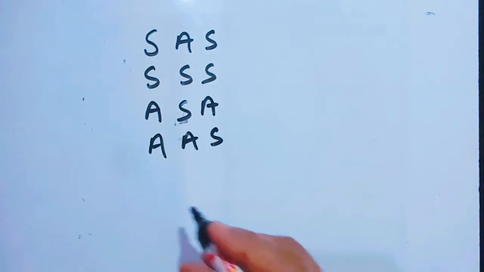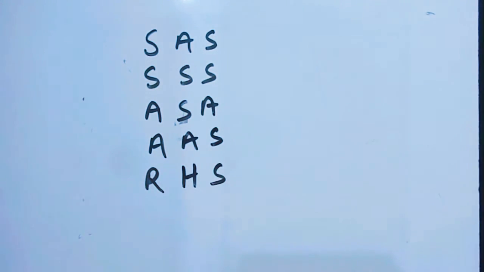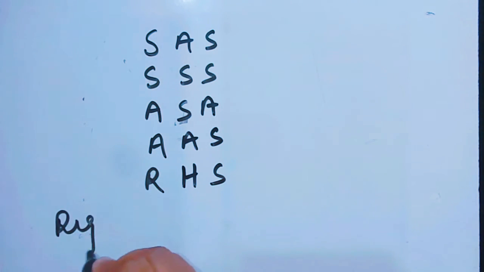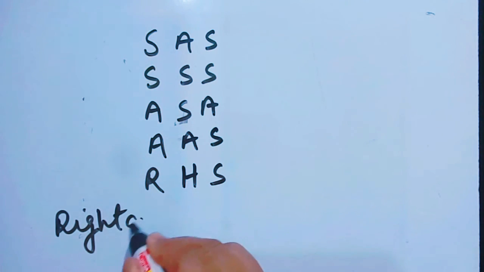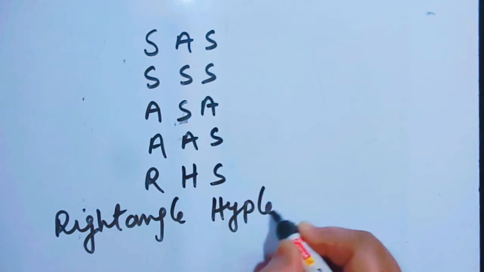Now we will be studying RHS. Some of the kids say right hand side. However, it is not right hand side. It is right angle, hypotenuse, side.